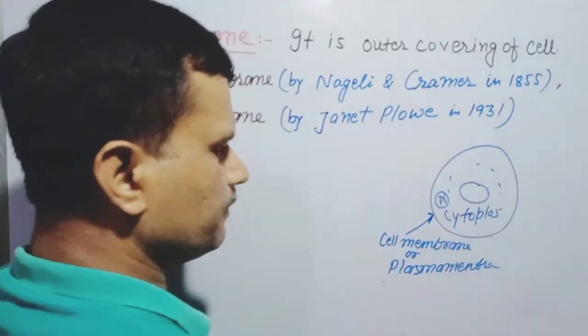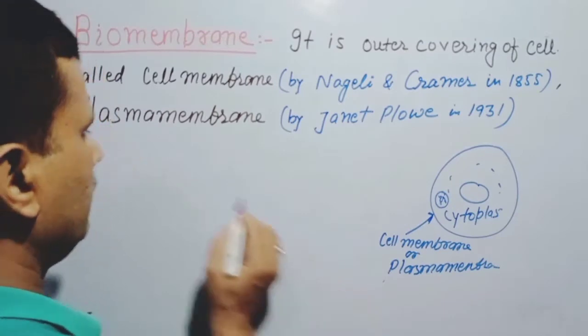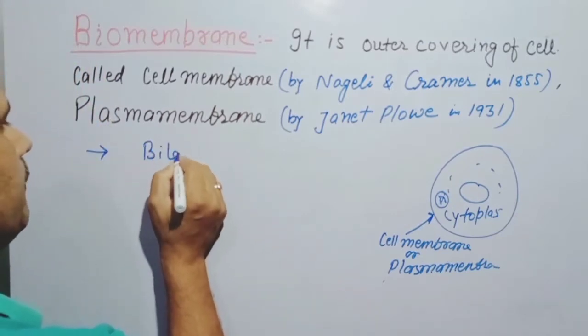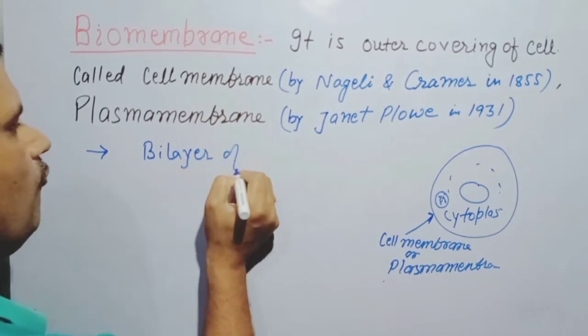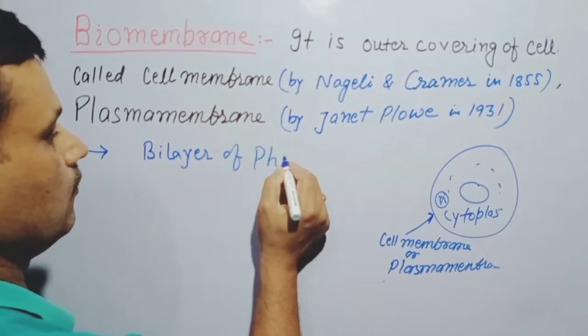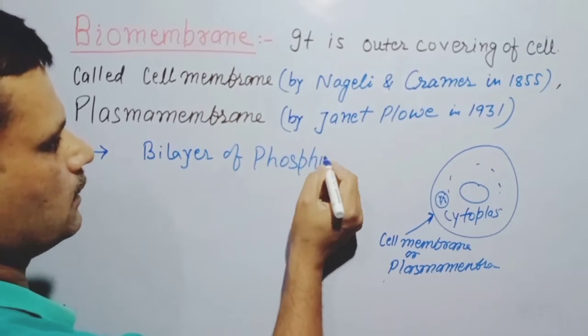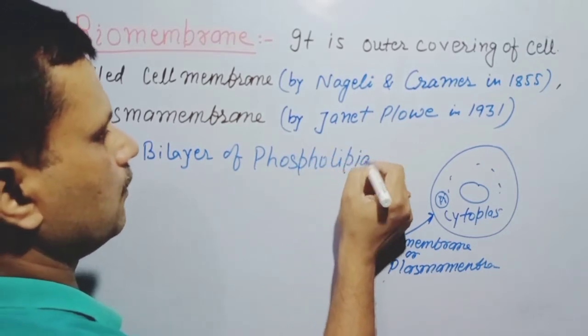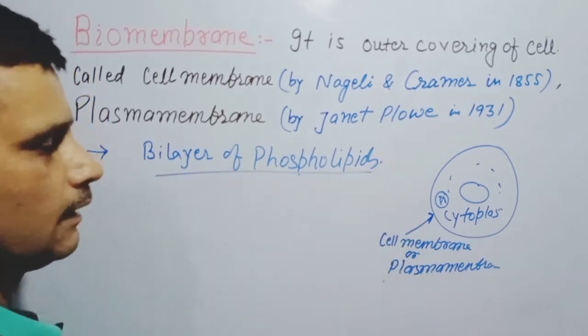So this plasma membrane is actually a bilayer of phospholipids.